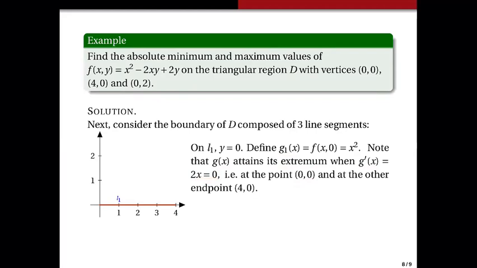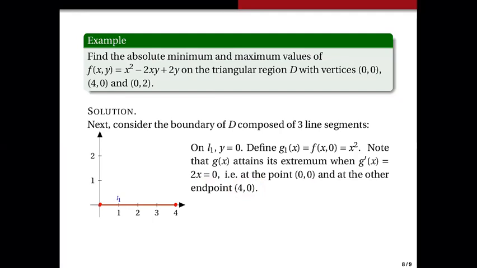And also, at the other endpoint, you can evaluate at 4. So you got this point here, and then you got this other endpoint.